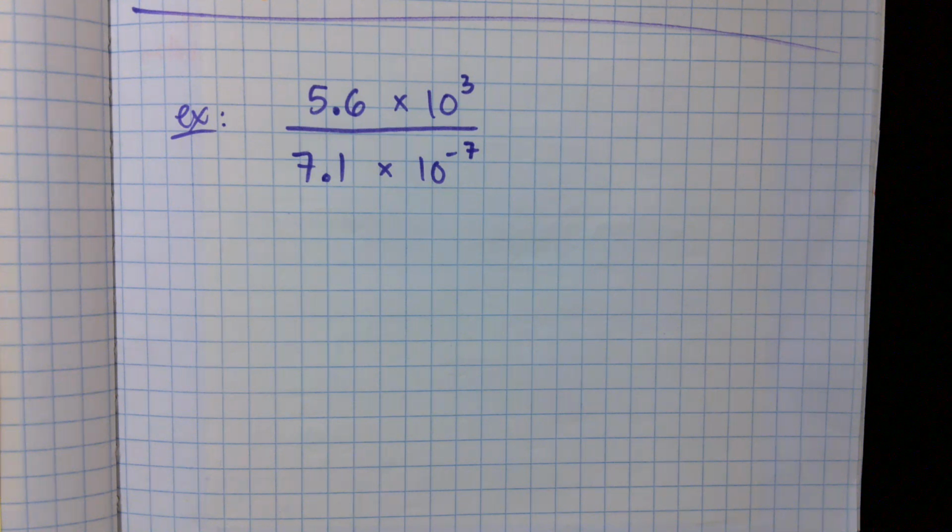So with this, we do the top one minus the bottom. 3 minus negative 7. Remember how to do those two minuses? Yeah, we'll make a plus. So really it's 3 plus 7.